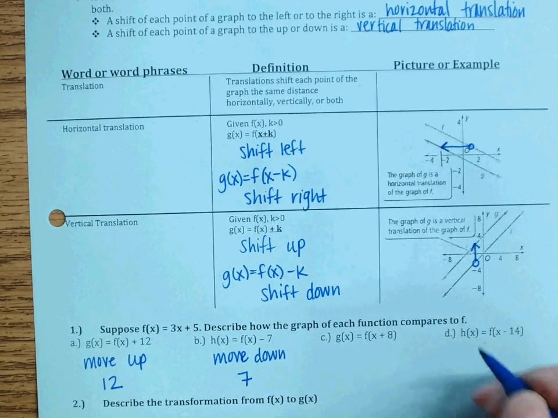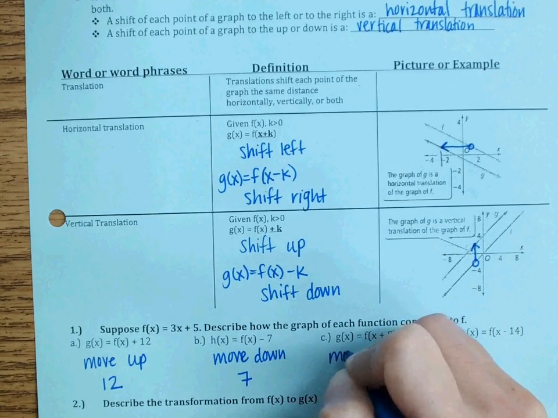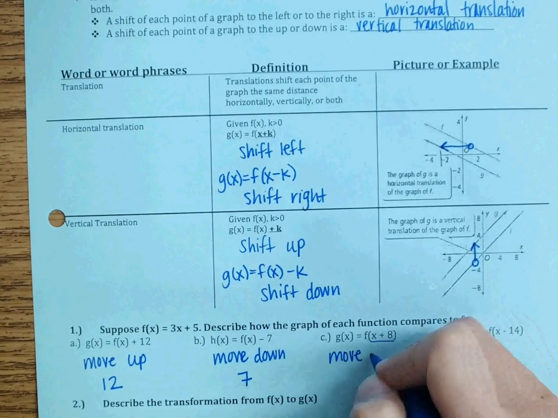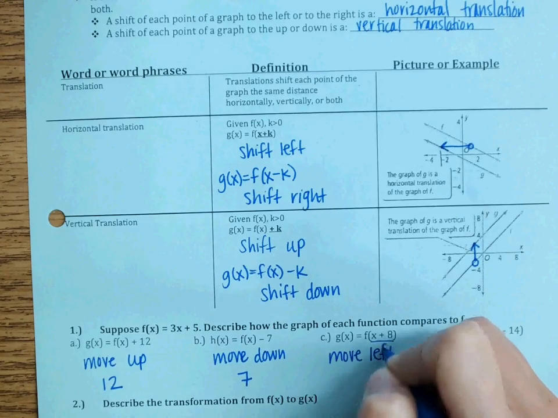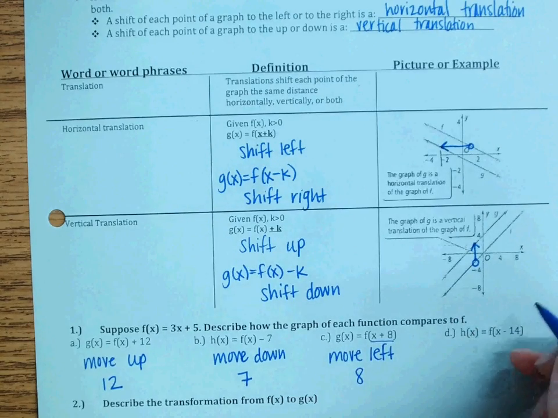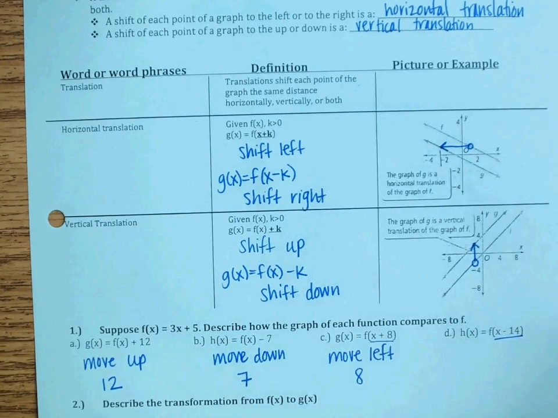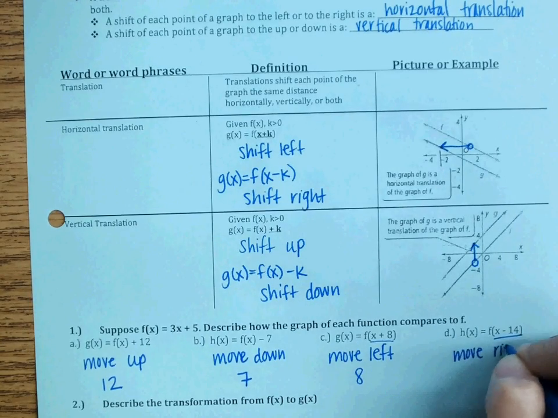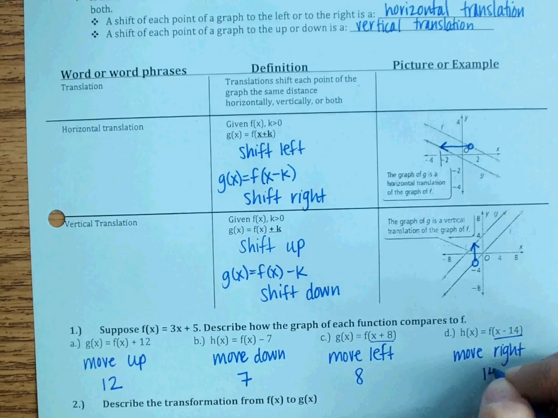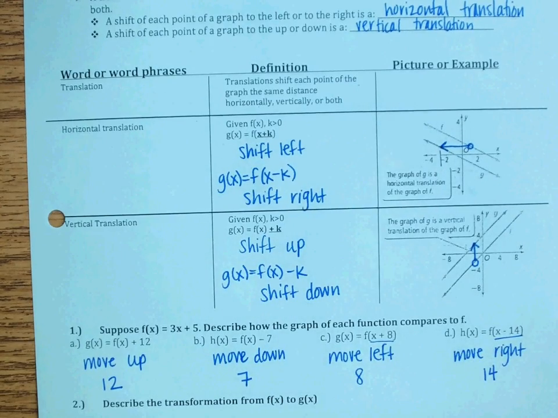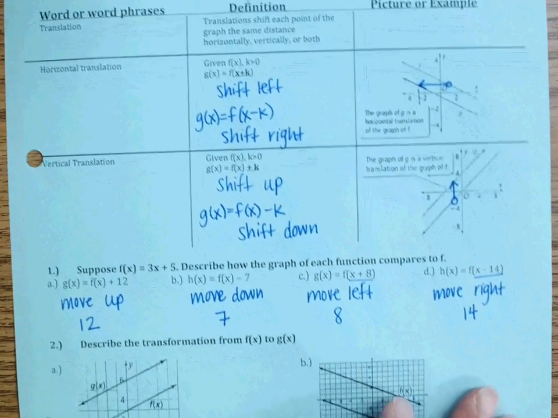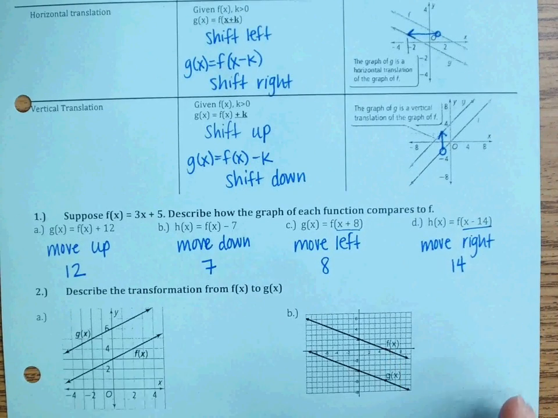For c, remember, since it's inside parentheses, it's the opposite, so we're going to move left 8. And this last one, again, it's all inside parentheses, so we move right 14. Again, the horizontal translations are opposites. This is something that you definitely need to memorize. Maybe even make note cards for yourself to help you remember.